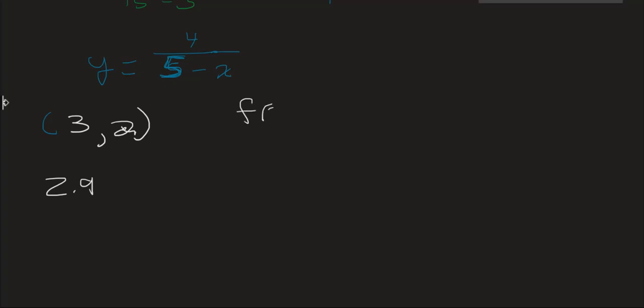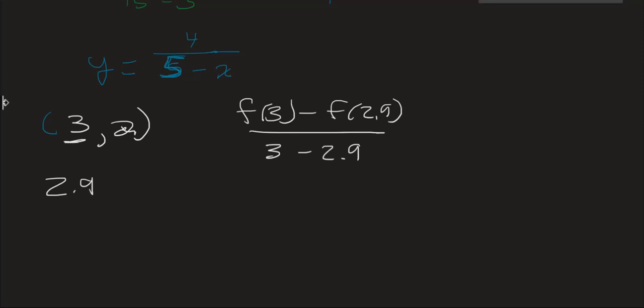So I would take f of 3 minus f of 2.9, over 3 minus 2.9, just using these x values. f of 3 is right here, and I know that that's 2.